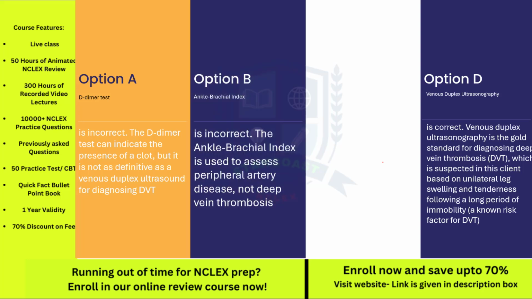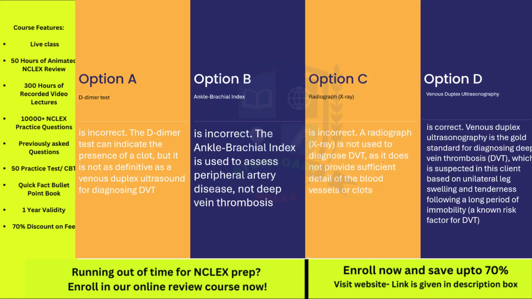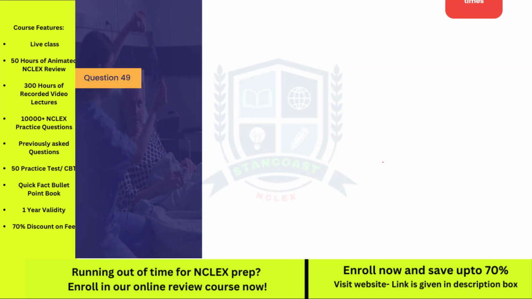B is incorrect. The ankle brachial index is used to assess peripheral artery disease, not deep vein thrombosis. C is incorrect. A radiograph, X-ray, is not used to diagnose DVT as it does not provide sufficient detail of the blood vessels or clots. Let's continue with the next question.